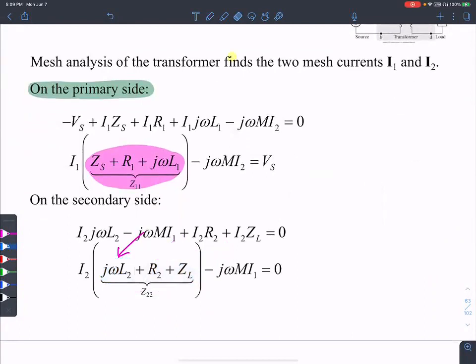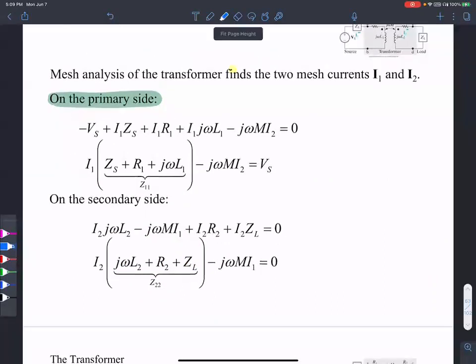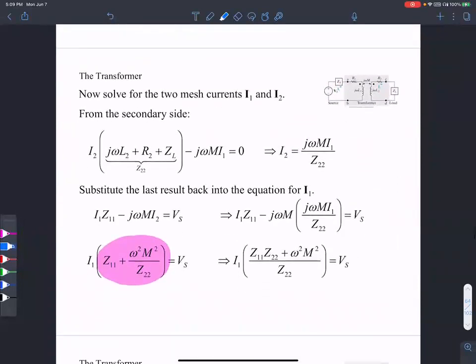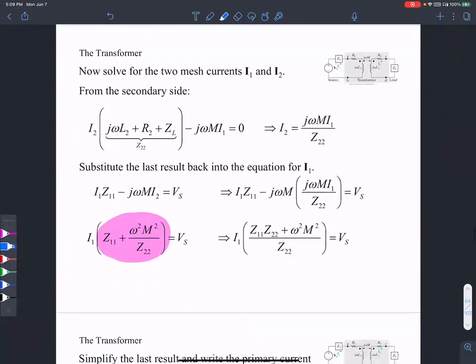And I'm going to point out a few important results. I2 is j omega M times I1 over Z22, whereas I1 is this term.